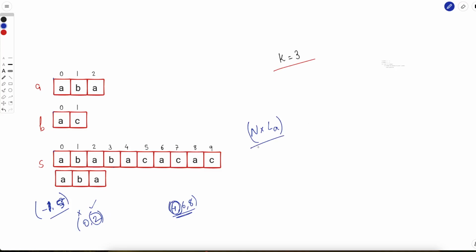So with this much complexity you will get this first array. Similarly, you are also matching for B. Again, same thing: for each index you are iterating over the entire length of B. So there are n indexes and you are iterating over the entire length of B. So this is the complexity of figuring out the second array, right?